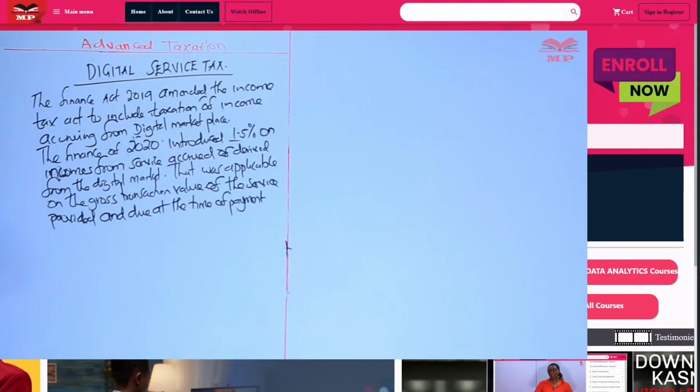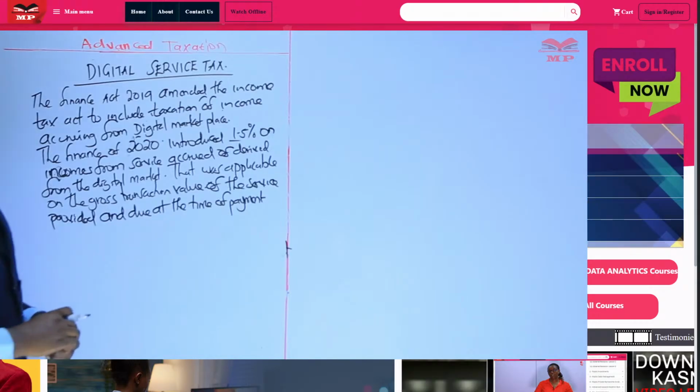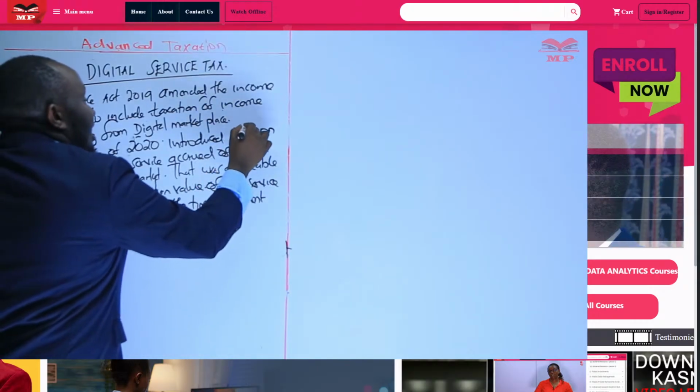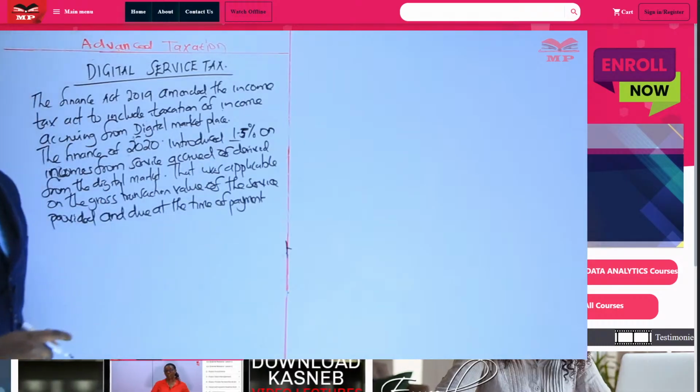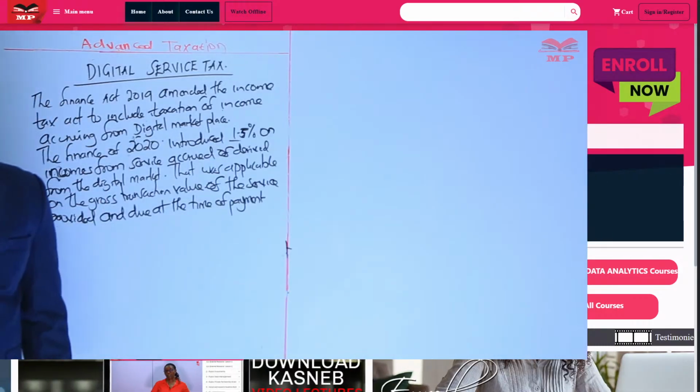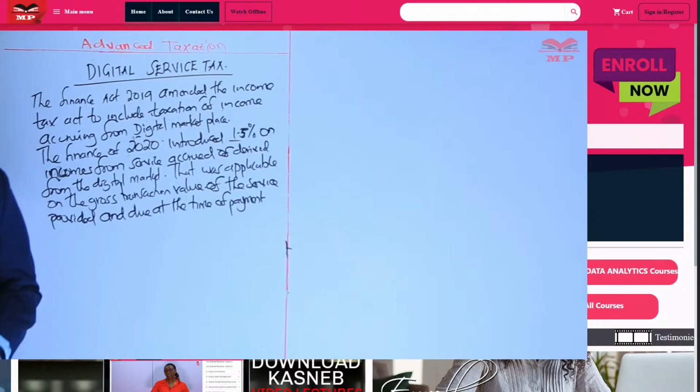So the point is, when you talk about this digital tax, the rate in the Finance Act of 2020 was 1.5% on the gross value.